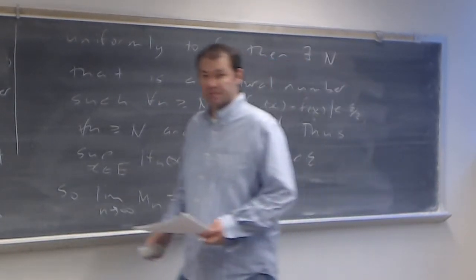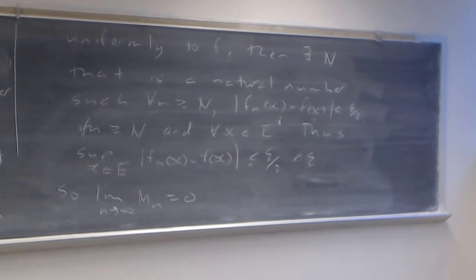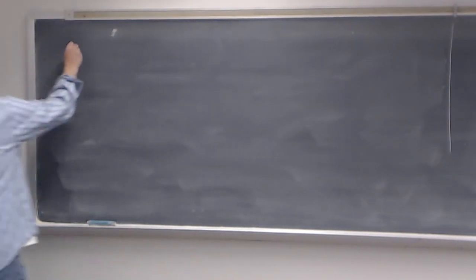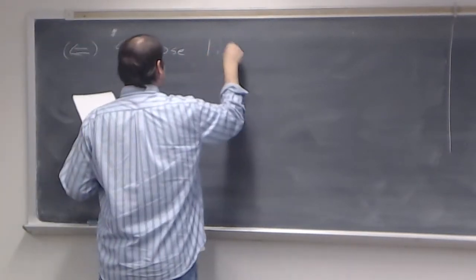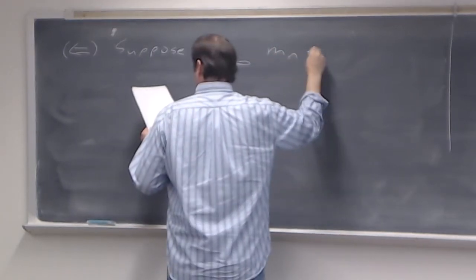Now we have to show the other direction. So suppose the limit as n goes to infinity of m sub n equals 0.